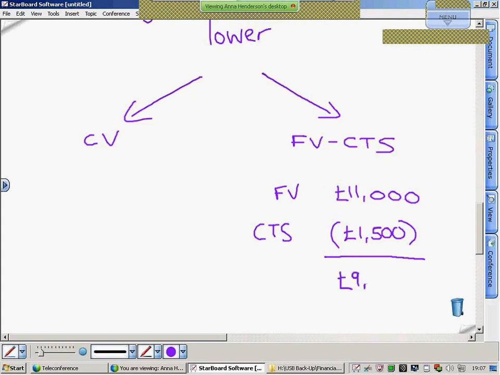Overall, fair value less cost to sell is 10,000.